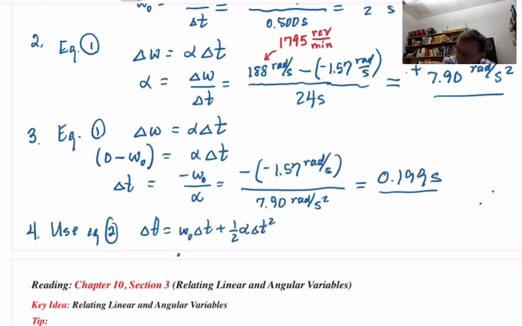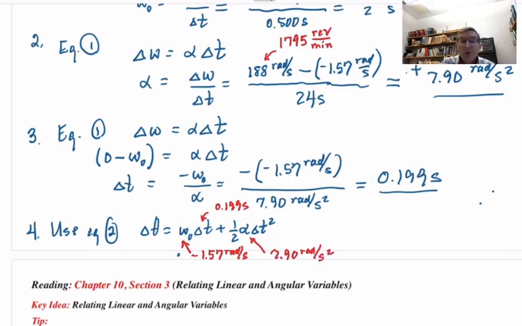So we just plug in numbers. For the omega initial, plug in negative 1.57 radians per second. For the delta t, plug in 0.199 seconds. For the alpha, plug in positive 7.9 radians per second squared.